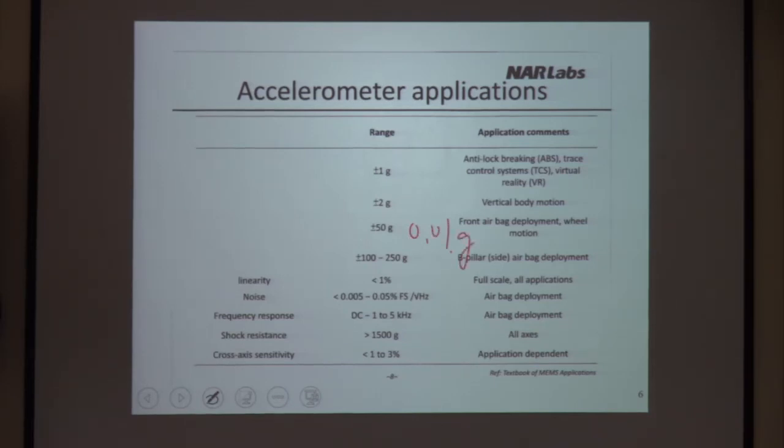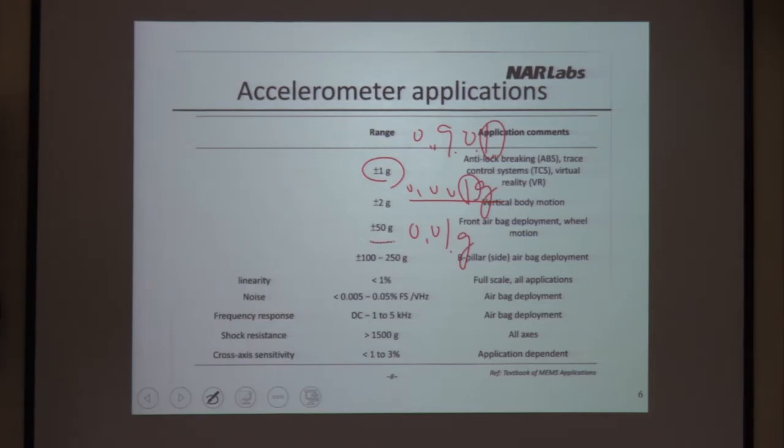Say for this sensor, maybe the minimum increment of the output is 0.01 G. But for this device, the minimum increment you can read from your sensor output is 0.001 G. So you can read to the third digit after the decimal point.